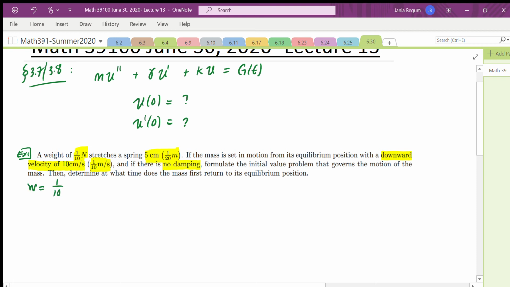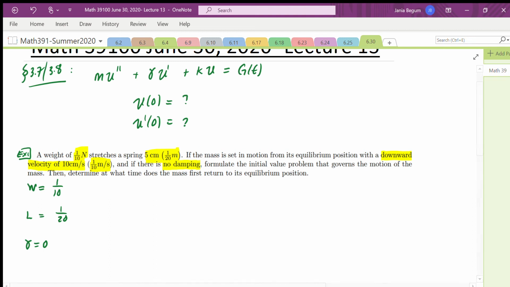We're also given the stretch, which is 5 centimeters, so 1/20 meter. So we know big L is 1/20. And there's no damping, so we know gamma is going to be 0.